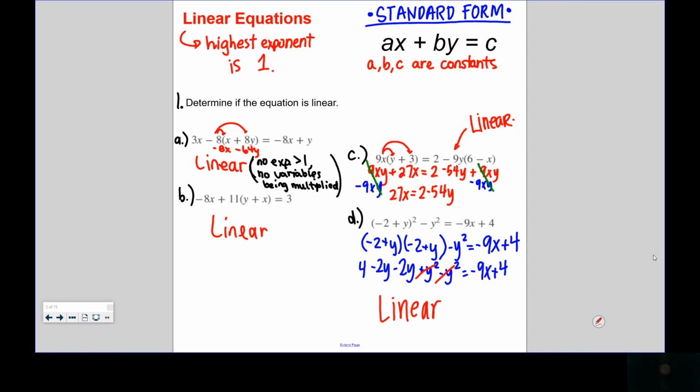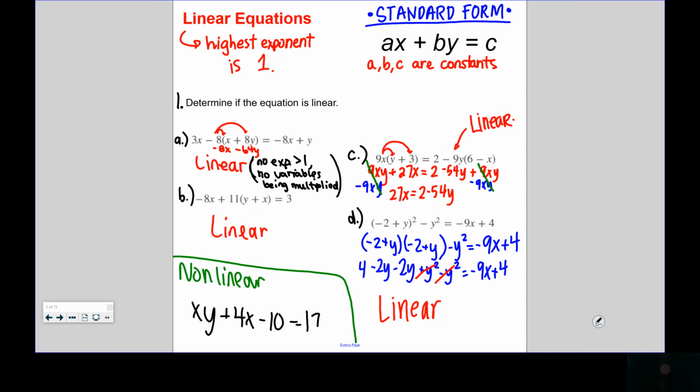So something that would be nonlinear, let me just write you an example. All these end up being linear. This would be an example of something that's nonlinear. You have something that's like xy plus 4x minus 10 equals 17x. I just made that up. It's completely random numbers. So you see we have an xy term, it's not going to cancel out with anything.